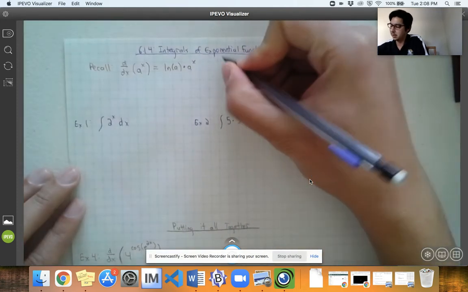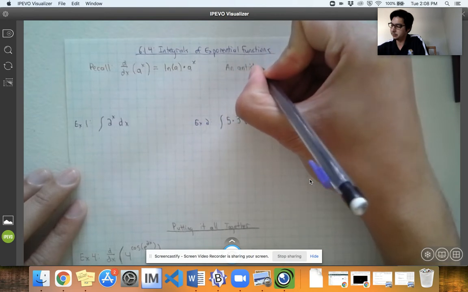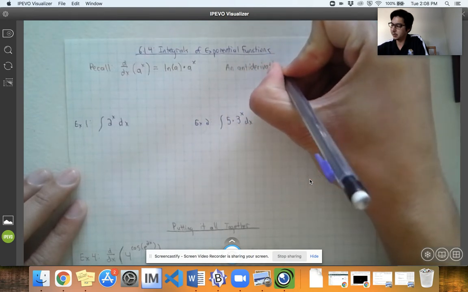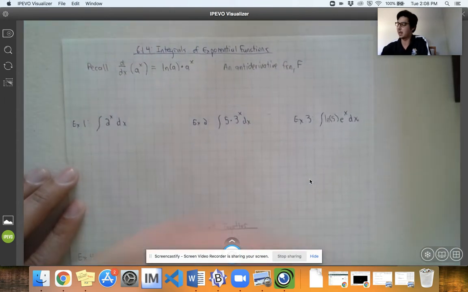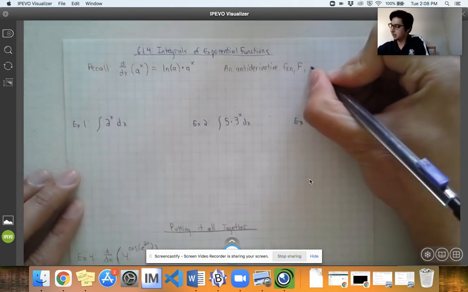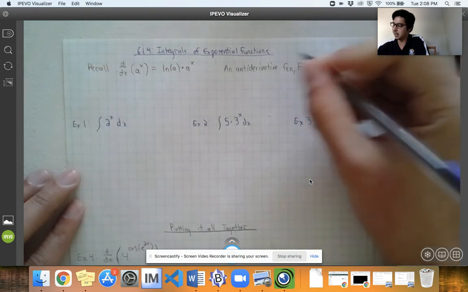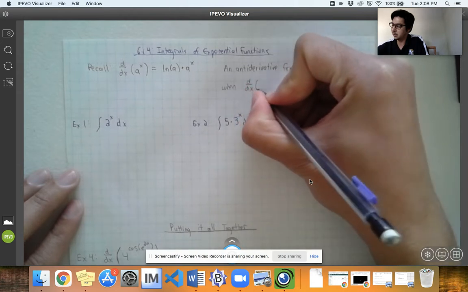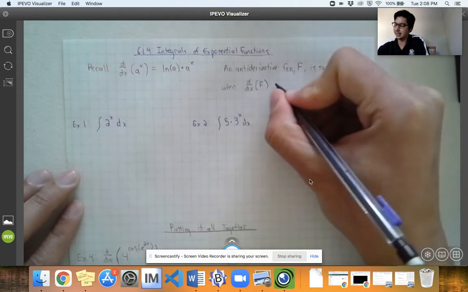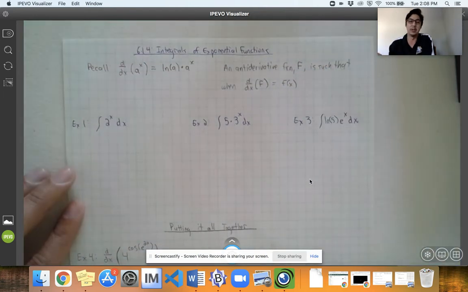An antiderivative of a function f, they usually denote antiderivatives with capital letters, is such that when you take the derivative of that antiderivative function F, you return to the previous function f of x.